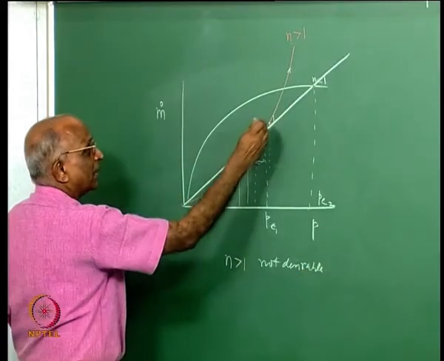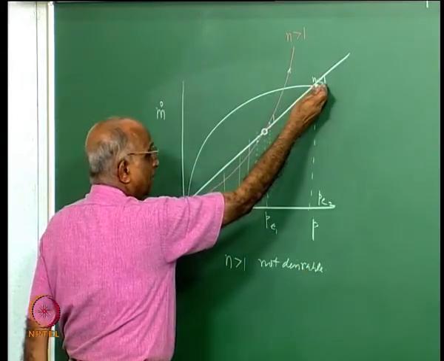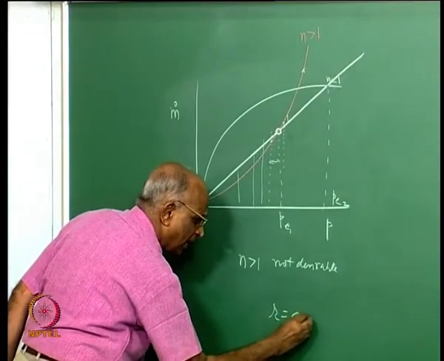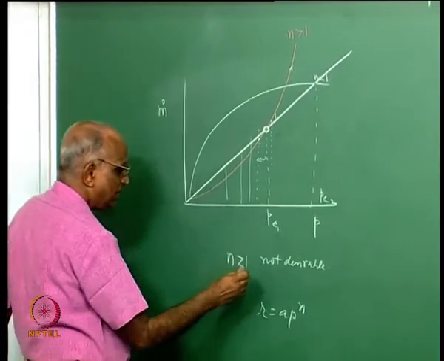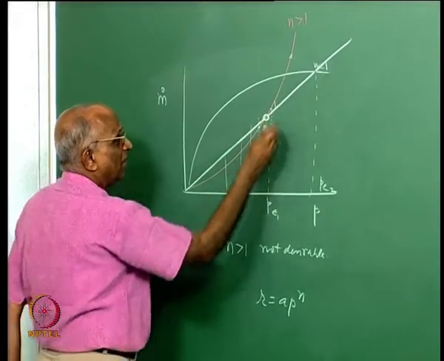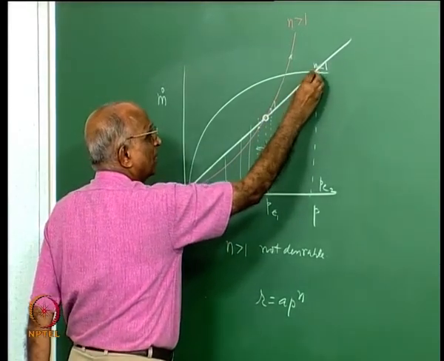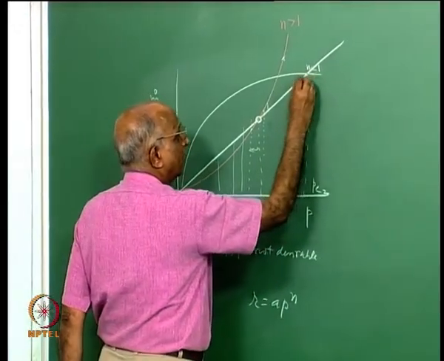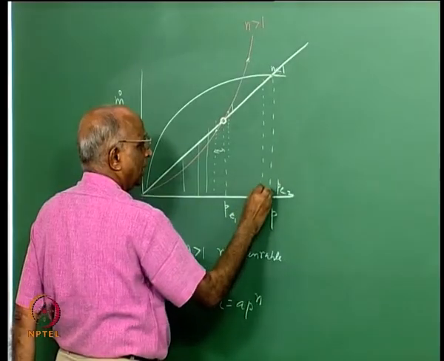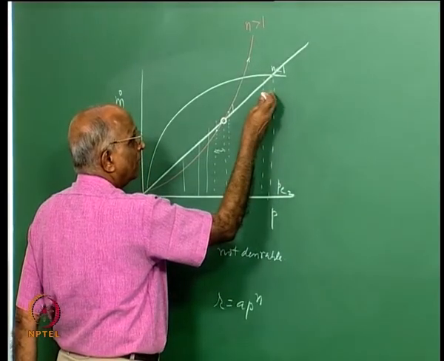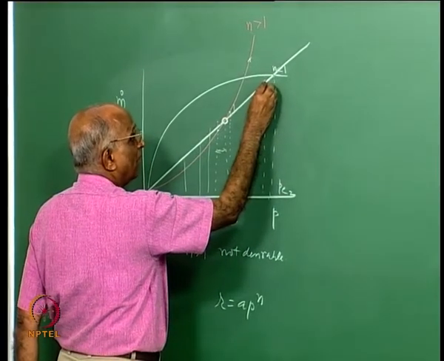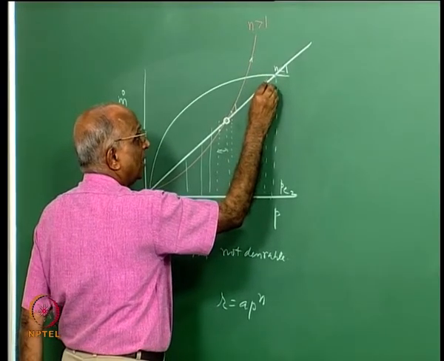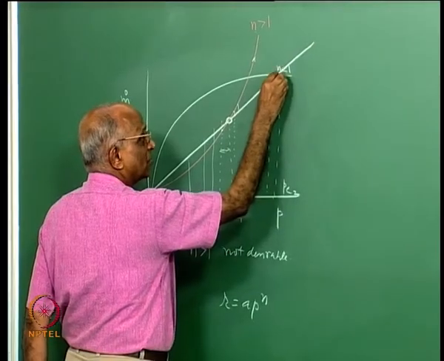Let us examine the case when n is less than 1. What was the burn rate law? r is equal to a P to the power n. When n is less than 1, what is the state of equilibrium pressure? Let us put the same arguments again. If the pressure were to fall slightly less than the equilibrium value, I find that the mass generation rate is higher than the mass leaving the nozzle, and therefore it will go back to this particular state.